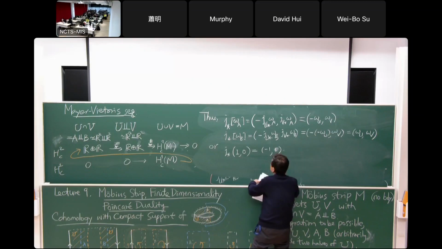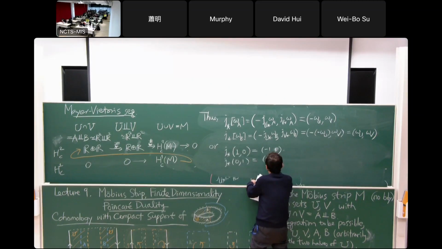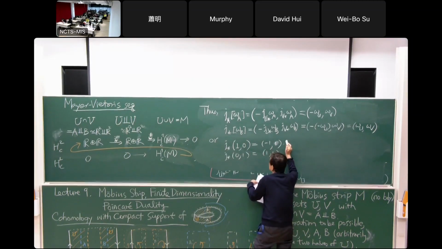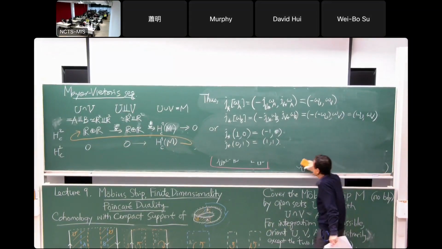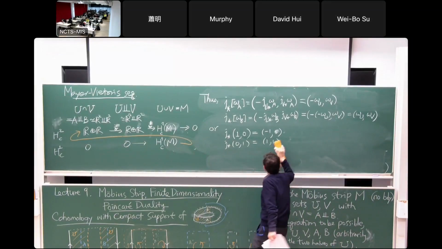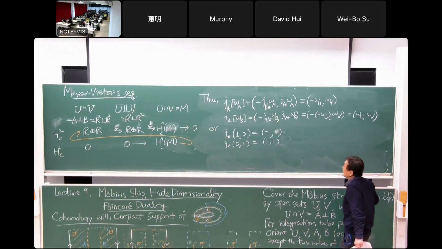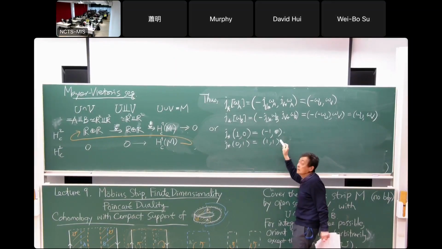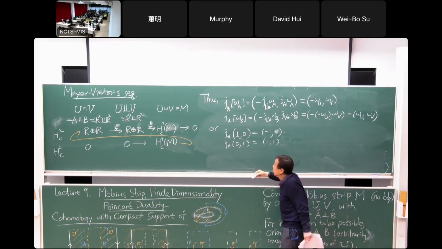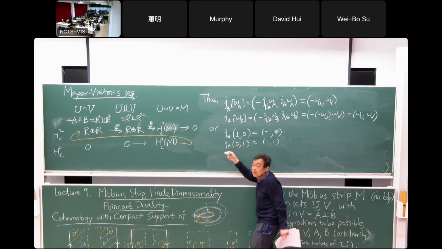Omega V is 1. And then J lower star of 0, 1 will go to 1, 1. And this matrix has non-zero determinant. You see these two vectors are linearly independent. And so that means J lower star has rank 2, and so it's an isomorphism.